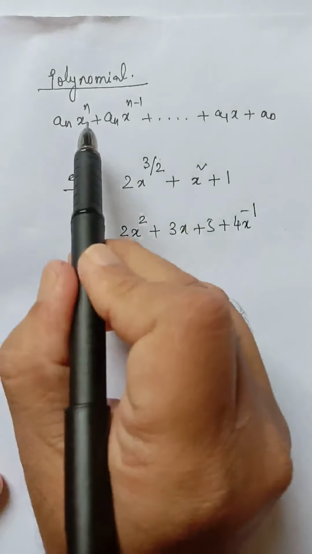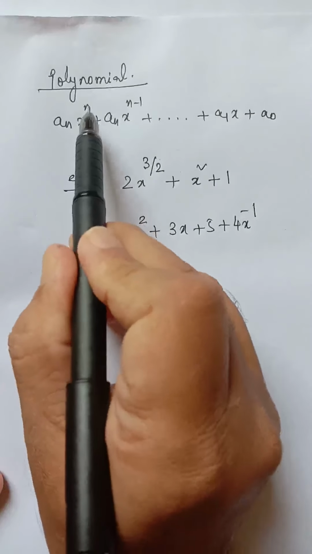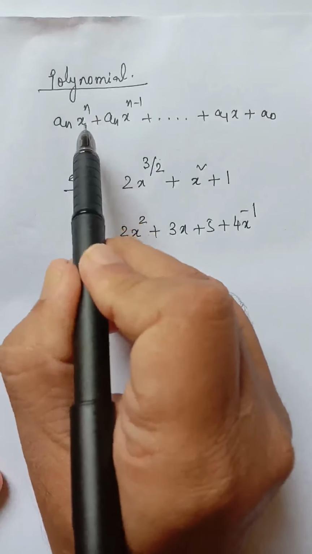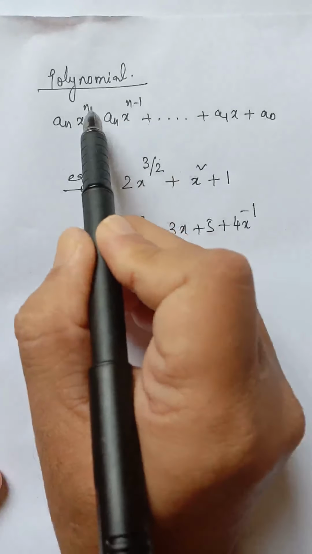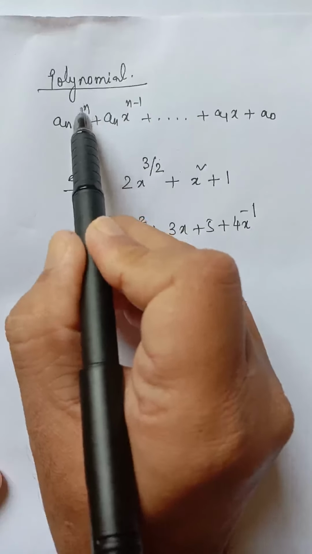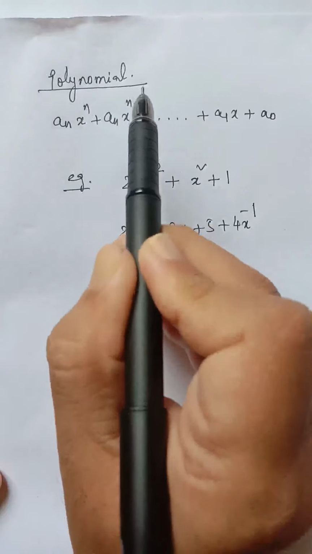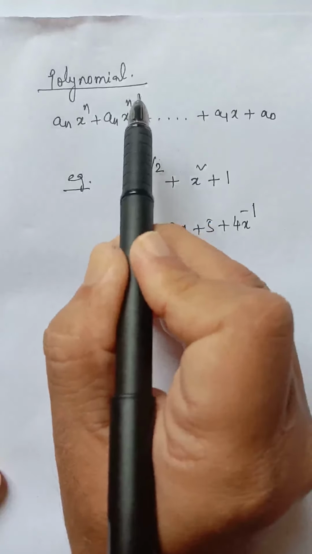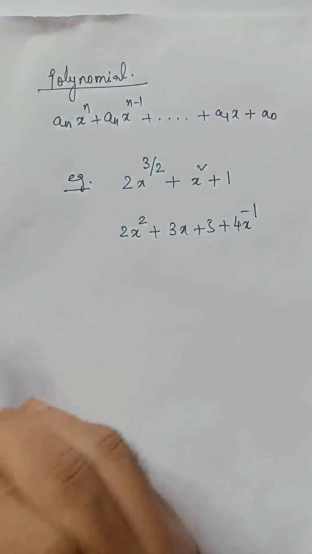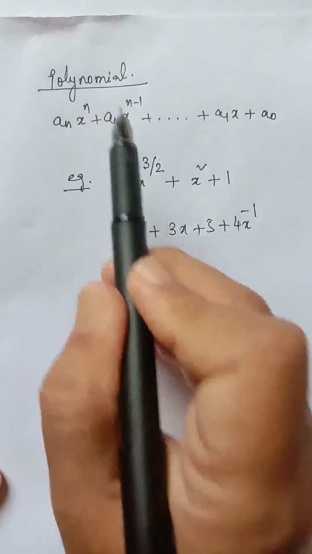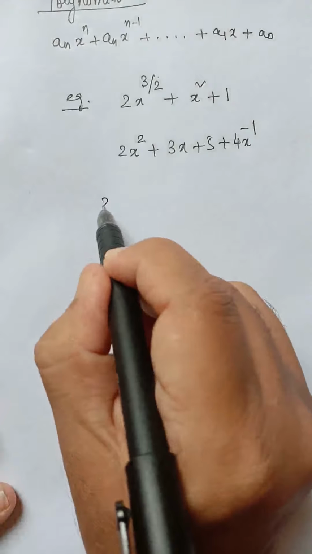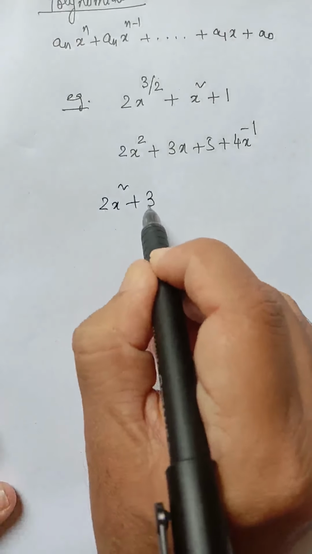So the degree of each variable, x to the power n, x to the power n minus 1, etc. These powers cannot be fractions, cannot be negative integers. So the power of variables must be non-negative integers. Like this: 2x square plus 3x plus 5.